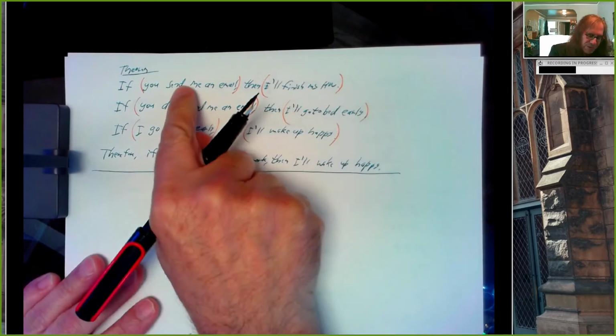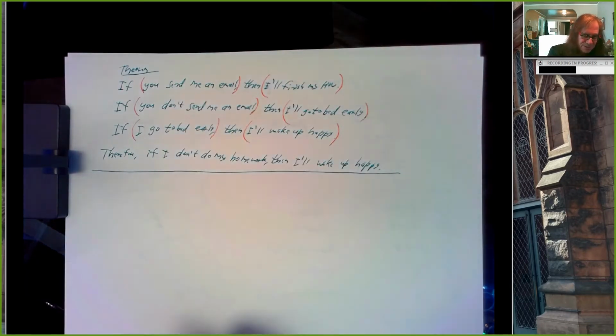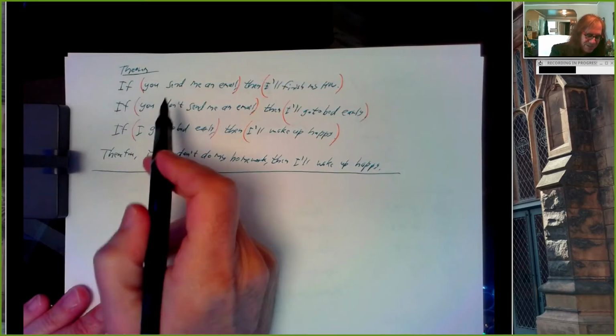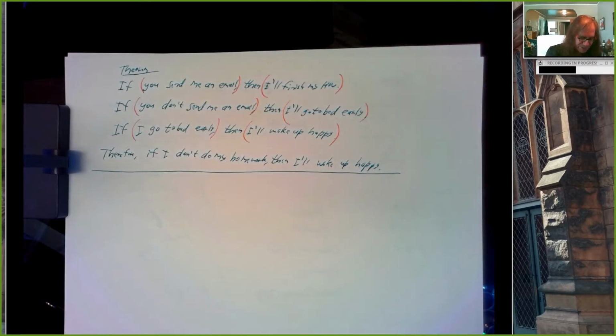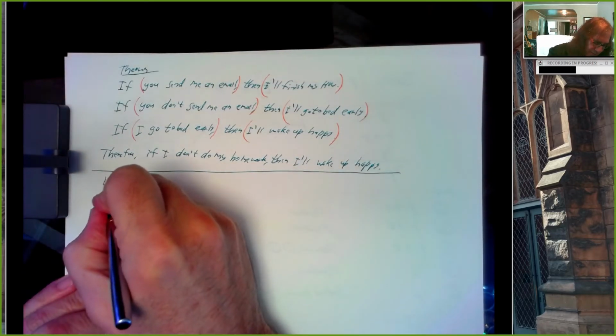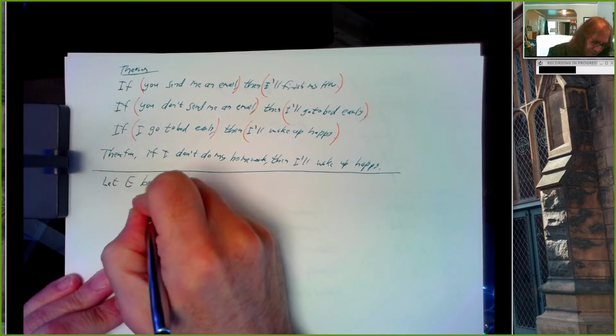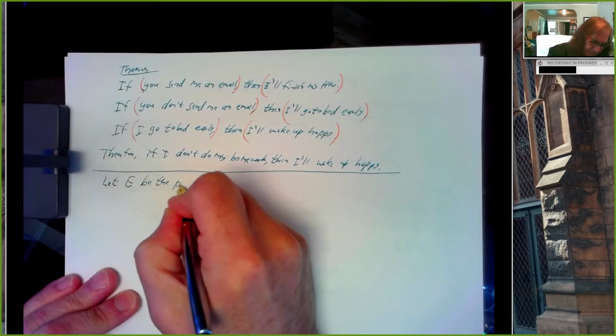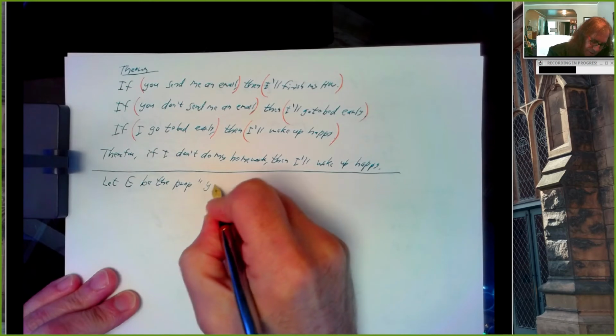And let's just write propositional variables for these pieces. And then write this theorem as, if that first proposition, then that second proposition. So let me do the following. Let E be the proposition: you send me an email.